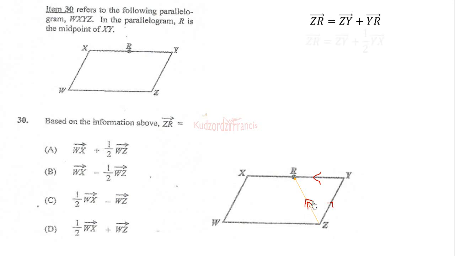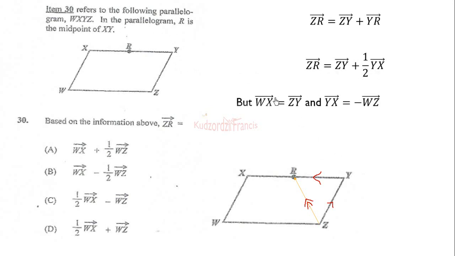Now we know that YR is half of YX. From here to here is half of this because it was given that R is the midpoint.